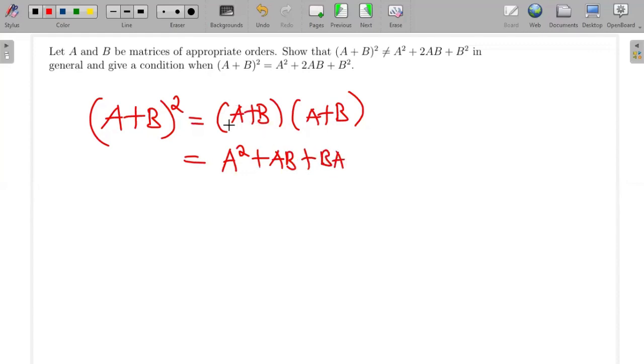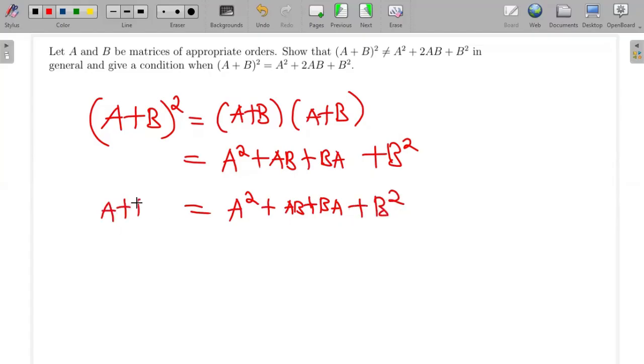And then B multiplied by B, that will be B squared. So what we have here is A squared plus AB plus BA plus B squared. So we see that (A plus B) squared is actually equal to A squared plus AB plus BA plus B squared.